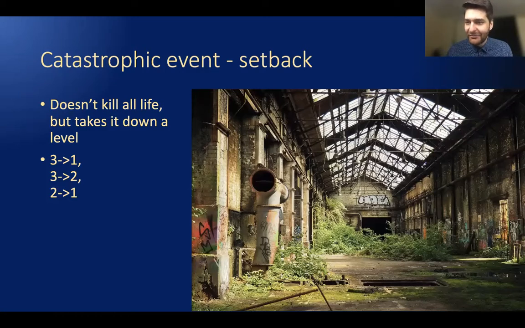And we go back to living in nature as our ancestors did 100,000 years ago. So this kind of setback would be going from technologically advanced civilization to simple life or complex life, but not wipe out all life. And also, for whatever reason, complex life can go back to simple life.